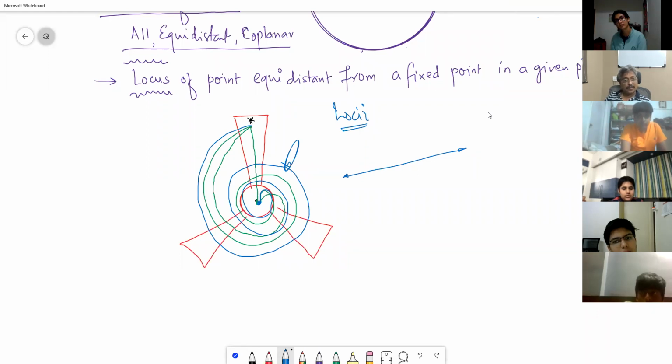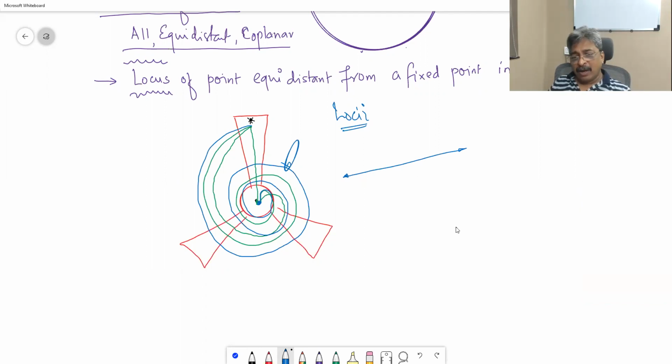What is the locus which is a straight line in geometry? Perpendicular bisector. If you have 2 points or a segment joining 2 points, you find all points in that plane which are equidistant from these 2 endpoints of the segment.